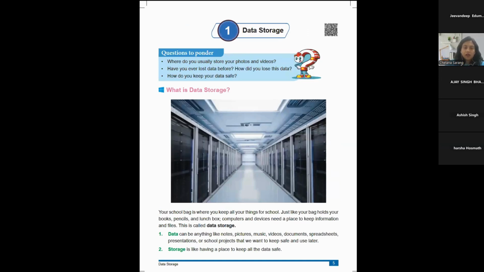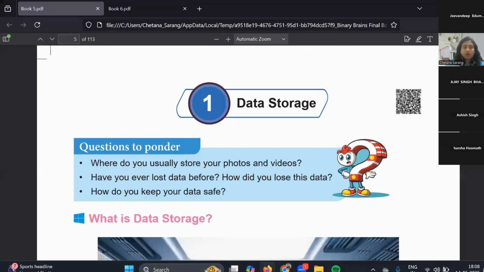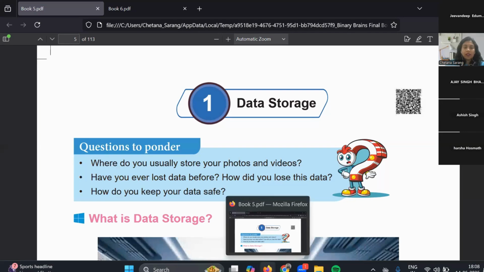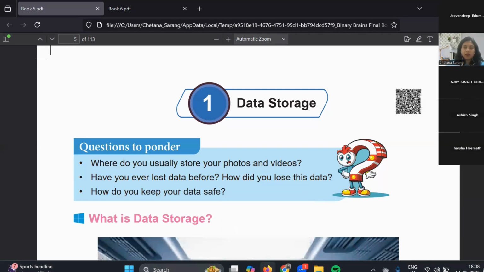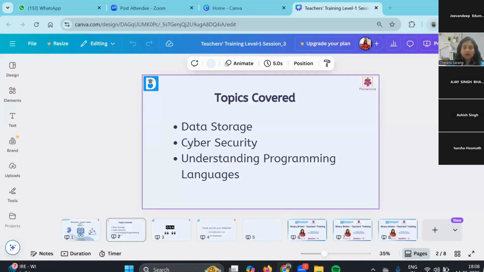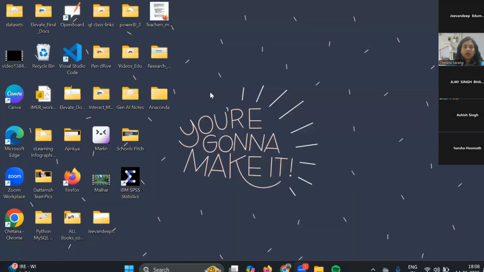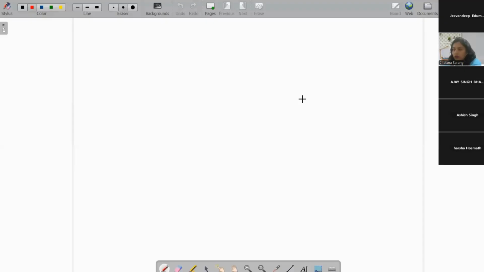So how do you describe cloud if you have to teach students about cloud, or anybody, a layman who does not understand the concept of cloud? How will you teach them? What is your understanding about the cloud with respect to technologies? Somebody can unmute yourself and try to give an analogy or some way you can introduce the concept of cloud to students or a layman who is new to it in simple words.